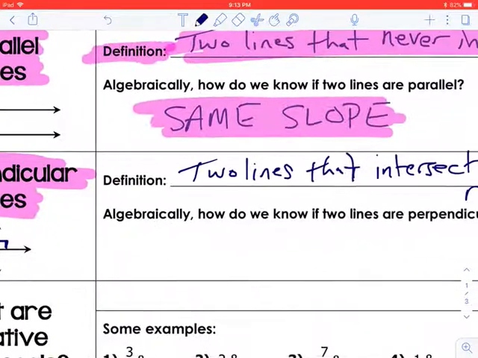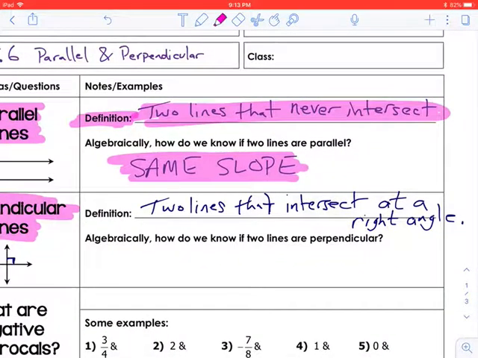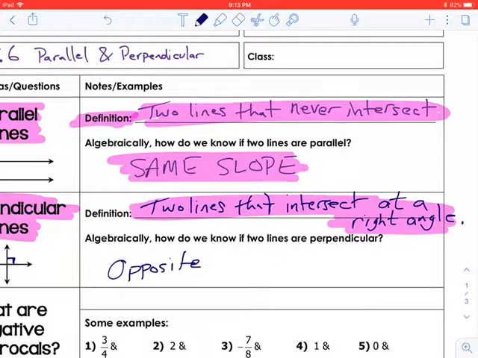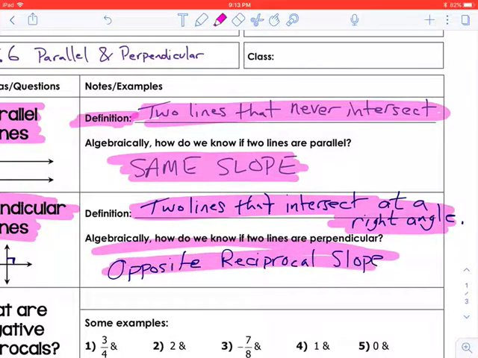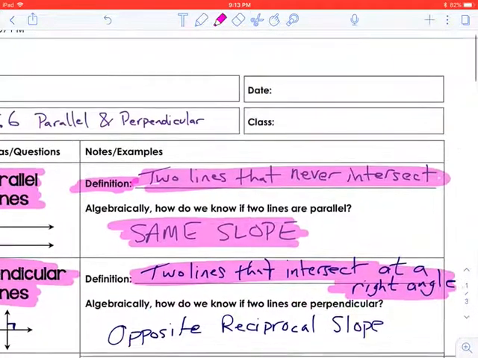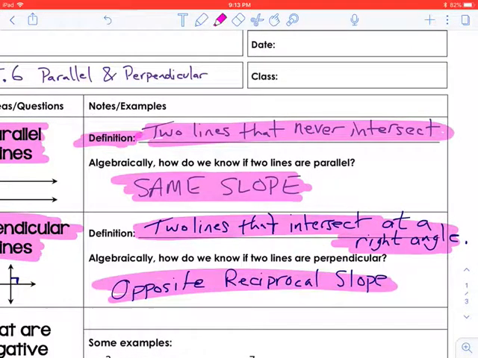So two lines that make a right angle, and they have the opposite reciprocal slope, or negative reciprocal slope. You'll see it both ways. For parallel, it's the same slope. For perpendicular, it's the exact opposite slope.